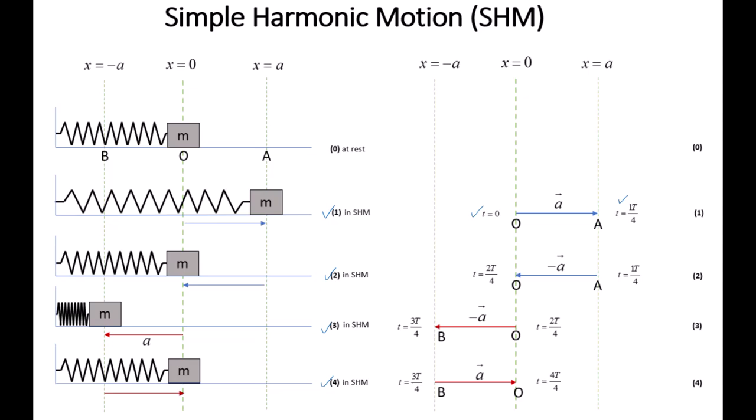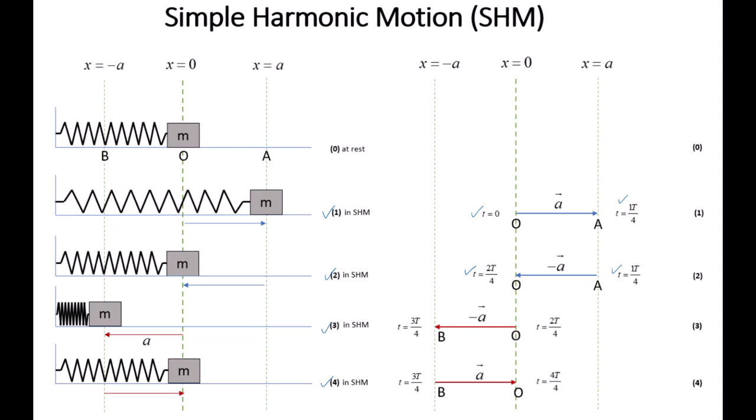And in figure 2, we see that the object starts the motion at time t equals T over 4, and at the end of time t equals 2T over 4, which is half of the time period, the object covers a displacement of negative A. Why negative? Because it is moving from right to left.